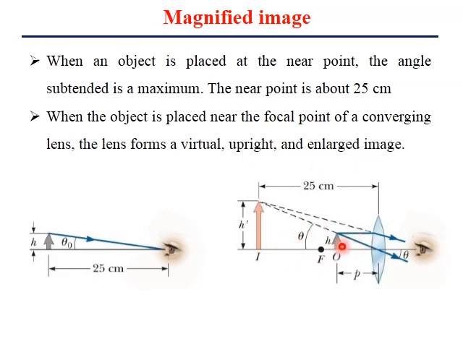If you can recall, if the object is between the focus and the optical center, then a virtual enlarged upright image is obtained. This is the condition that we have already studied, and that is how a magnified image is formed by a simple magnifying glass. This is the near point of a normal eye.